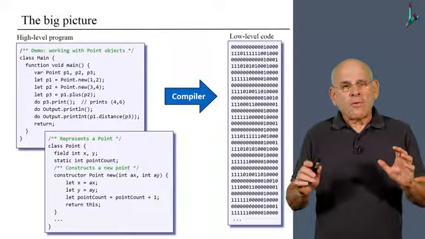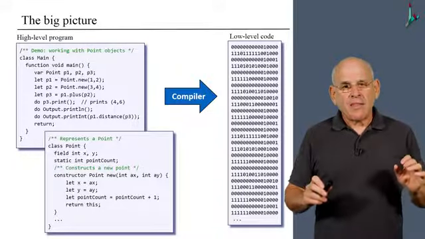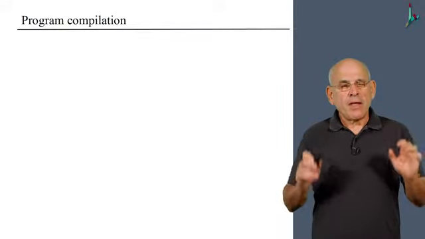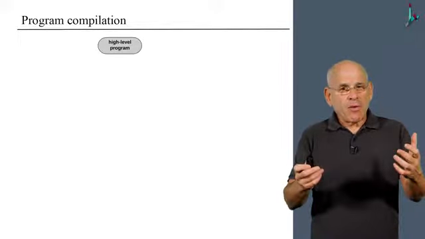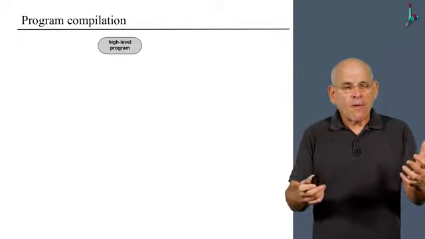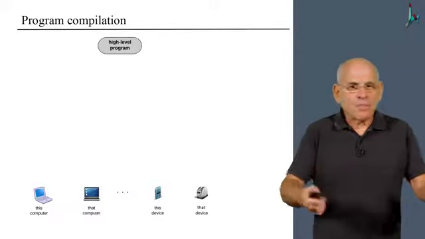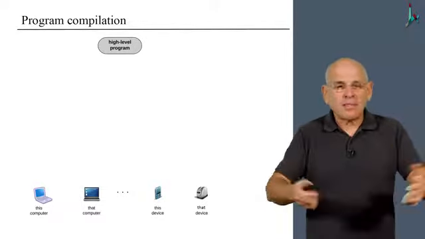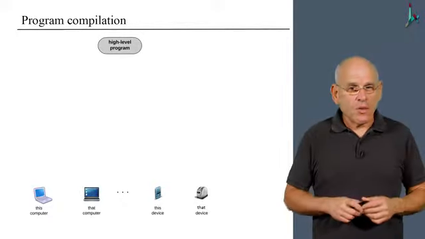So already now we have a major problem. And the problem is that the world consists of many different computers. So if you start with some high-level program, you would like your program to run on many different platforms, on laptops, desktops, tablets, smartphones, digital watches, and so on.